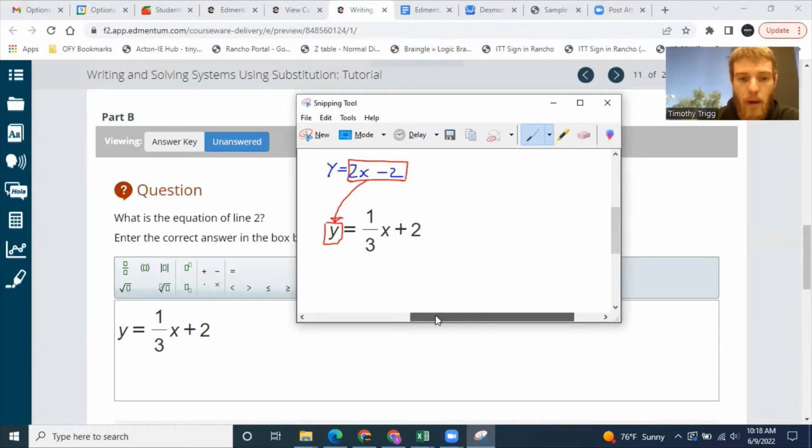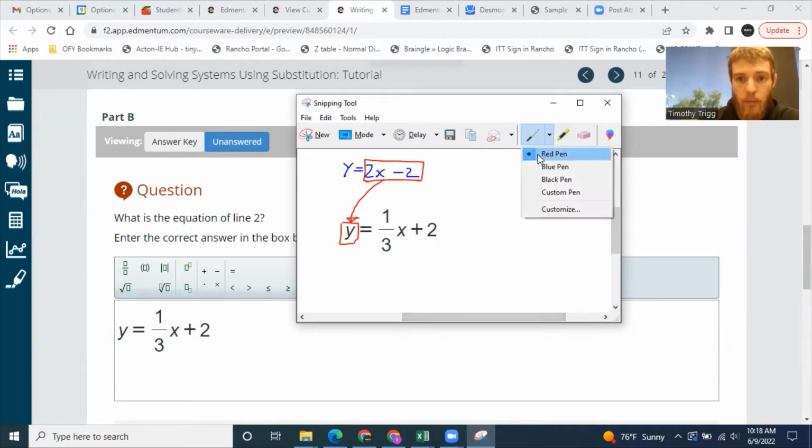Hopefully that makes sense. So how would I rewrite this equation? Now we can write it as 2x minus 2 equals 1/3 x plus 2.